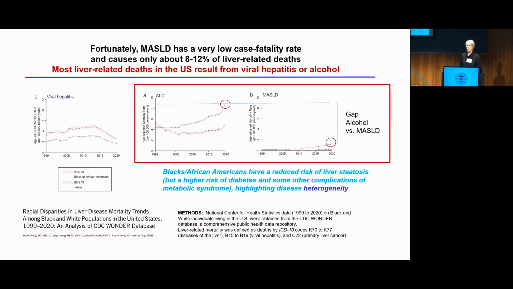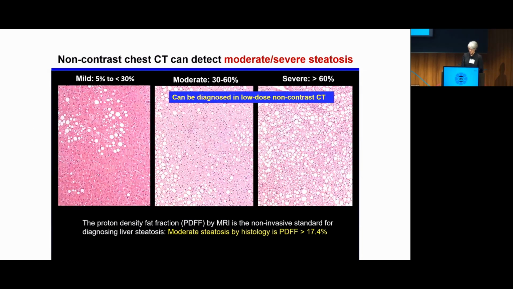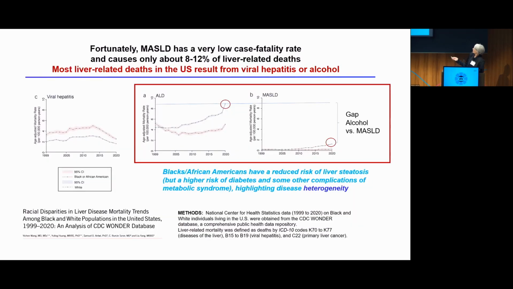I think it's often discussed by hepatologists as though it's a terrible mortality risk factor. But in fact, in comparison to alcohol-related liver disease, it's a fairly minor cause of liver-related death.